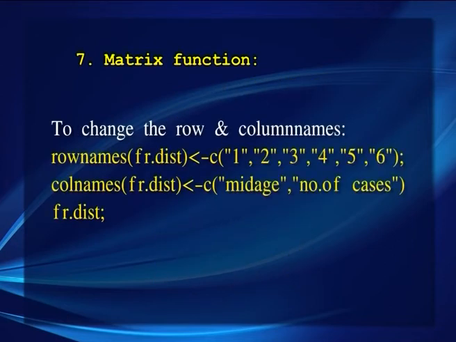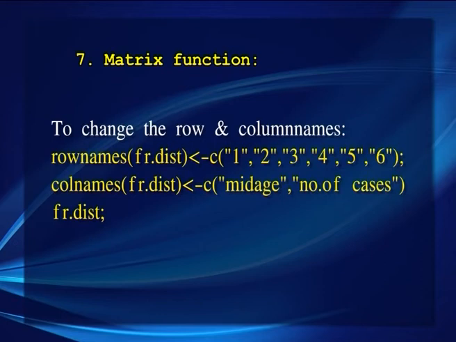To change the row and column names, rownames, open the bracket, fr.dist, assignment operator C, open the bracket, within double quotes 1, within double quotes 2, within double quotes 3, etc., up to 6.